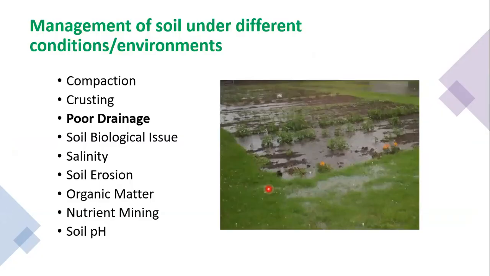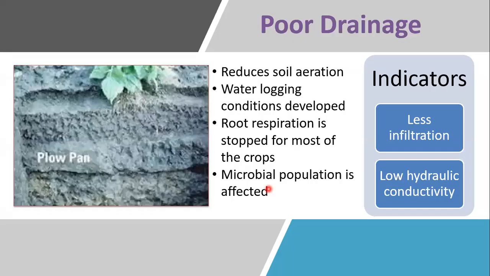Then we have poor drainage. The poor drainage reduces soil aeration. As I have already discussed in compaction, when we have poor drainage, that will reduce the aeration, because in the air pores, we will have water. Then waterlogged conditions, of course.